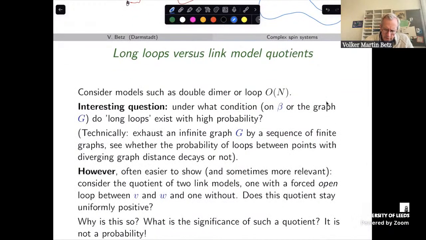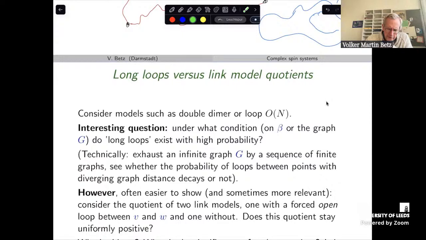Okay, technically what you do, of course, is you take an infinite graph, you exhaust it with finite graphs, and you look whether the probability that you get from one side of the graph to the other basically does not go to zero. However, it's a fact that in many models, a more important quantity, and a quantity which sometimes also is more natural, also when you come from quantum systems, which I won't touch, is not the probability, but it's a funny quotient of two models.